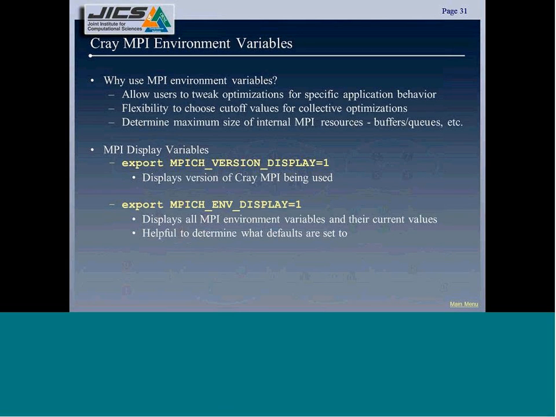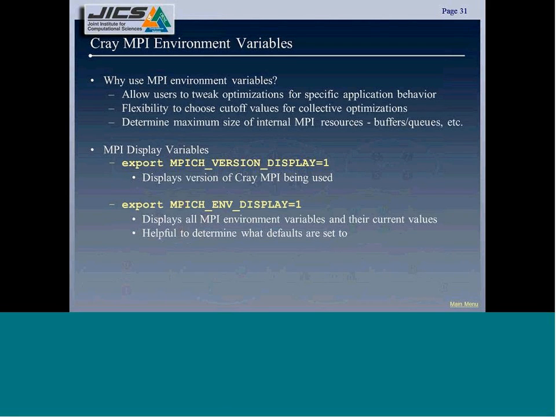Plus flexibility to choose different values for collective optimization. I'll talk a little bit about that too. You can, like I said, determine the maximum size of internal MPI resources, buffers, etc. So simply look at what the values are.